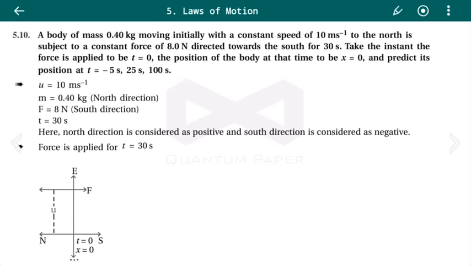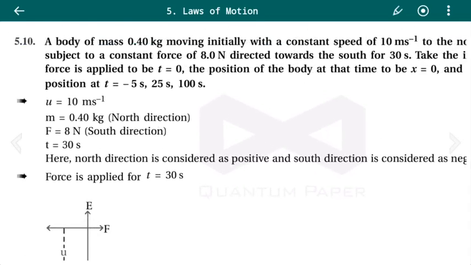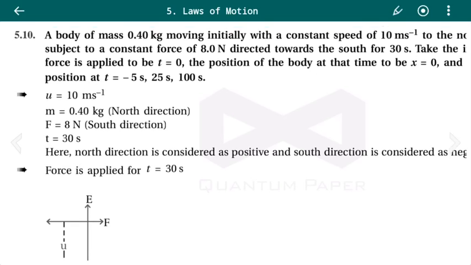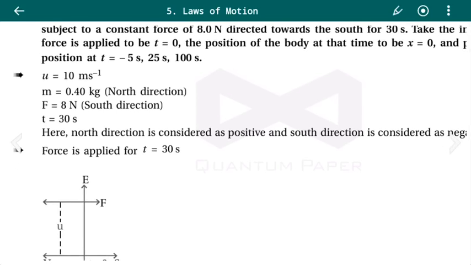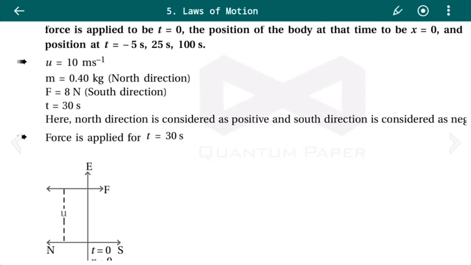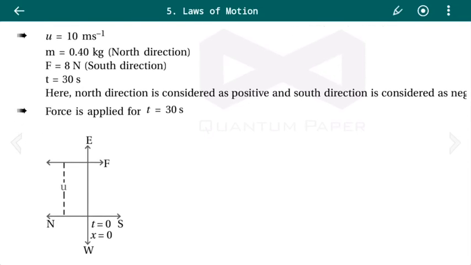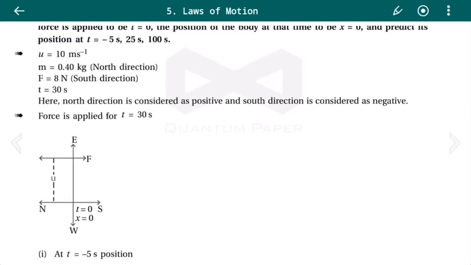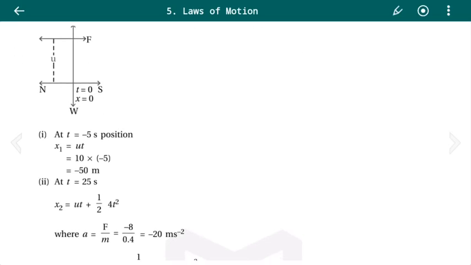Here already we are given the initial speed, that is u equals 10 meter per second. Mass is given as 0.4 kg. Force is given as 8 Newton which is in south direction. Time is 30 seconds. Here north direction is considered as positive and south direction is considered as negative. So force is applied for t equals 30 seconds.